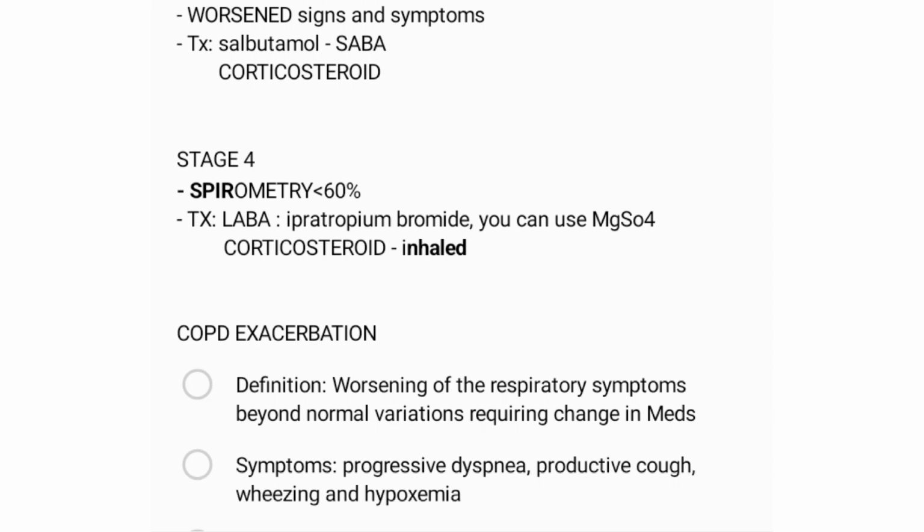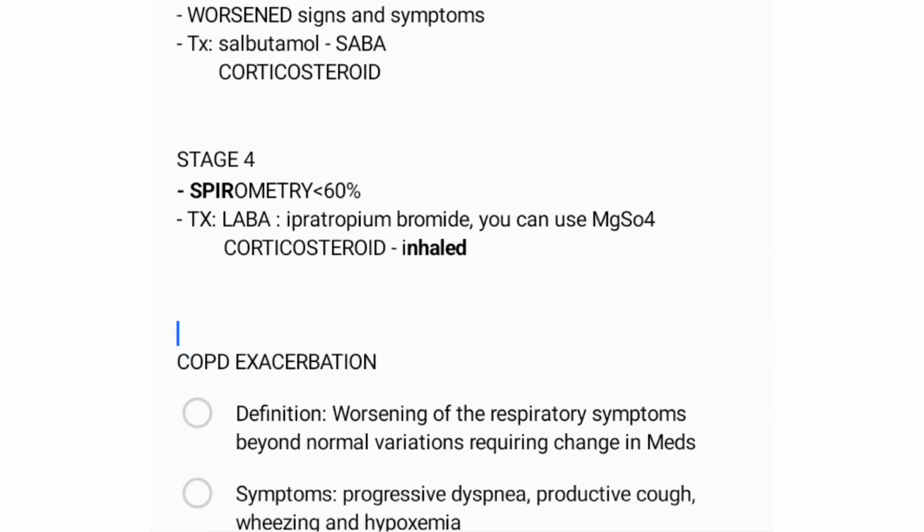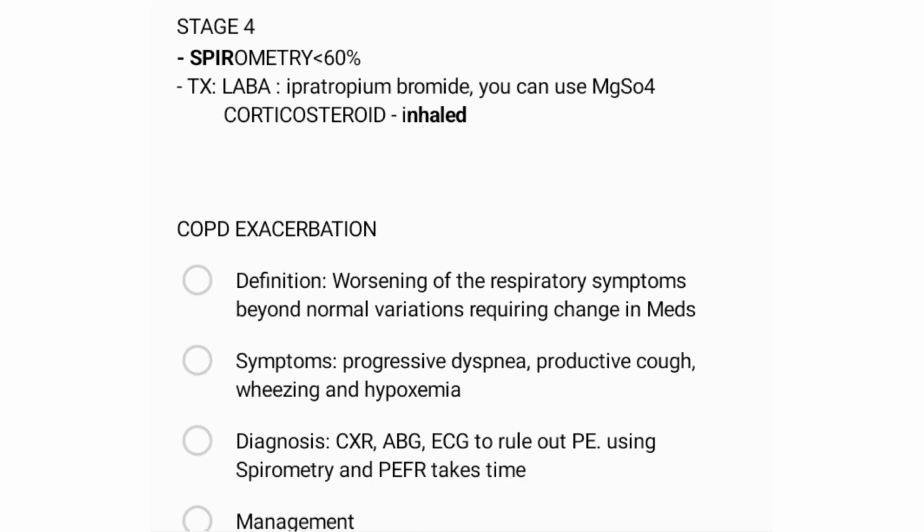If still not available, you can even use magnesium sulfate, especially in our limited resource areas. If these things are available, there's no need of using the ones that are only for limited resource areas. You can also use inhaled corticosteroids again in stage 4. Okay, and usually the patient may require O2 in this case.